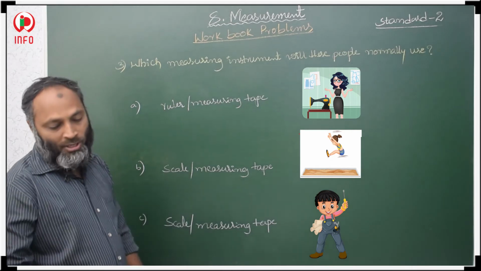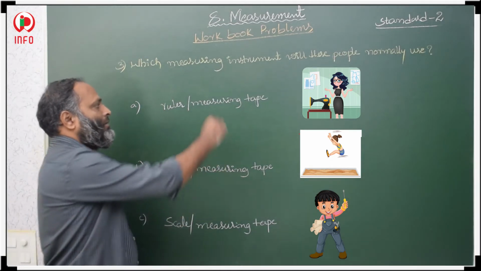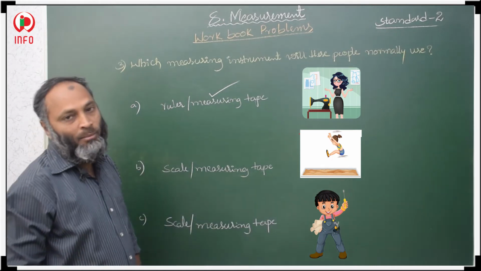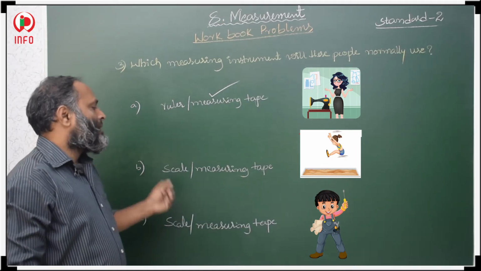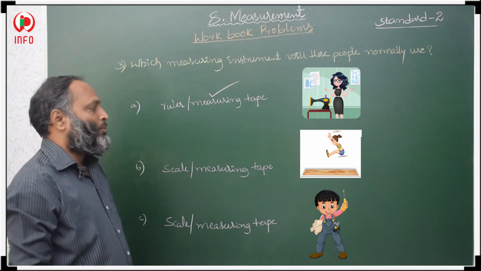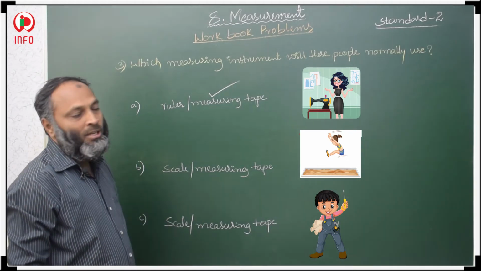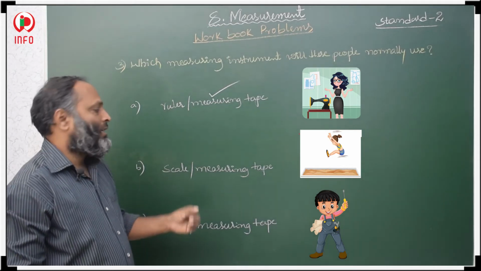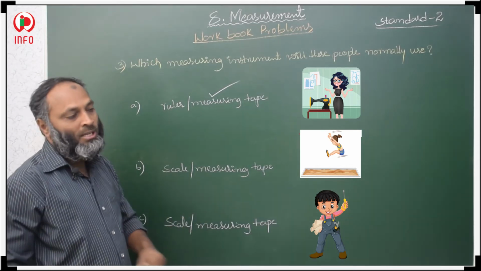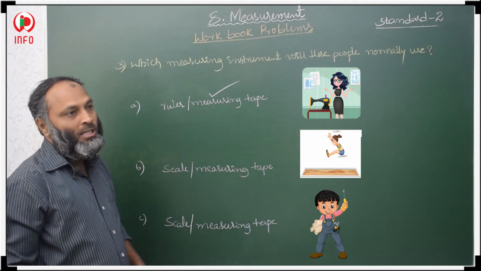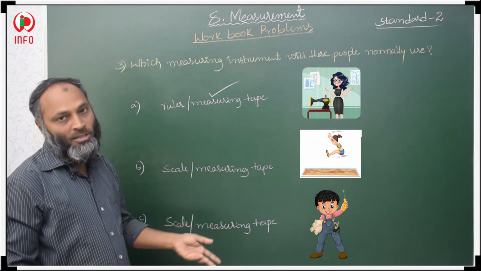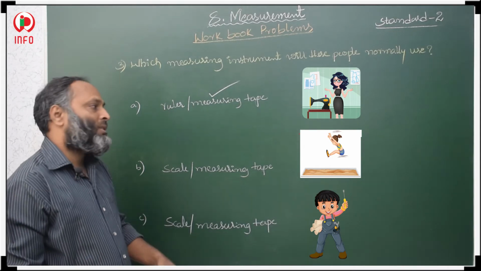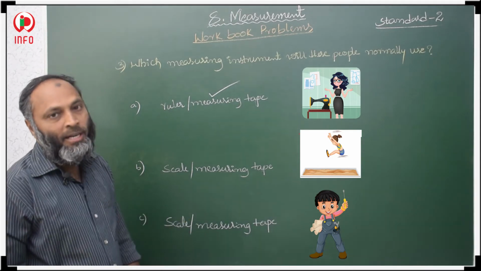Using the measuring tape, she can measure. So the second one is the answer, measuring tape. The second person, a sportsperson. For long jump, high jump, whatever it is, they use measuring tapes to calculate how much distance they covered in the long jump, or how much distance they ran. Sportspersons generally use a measuring tape.